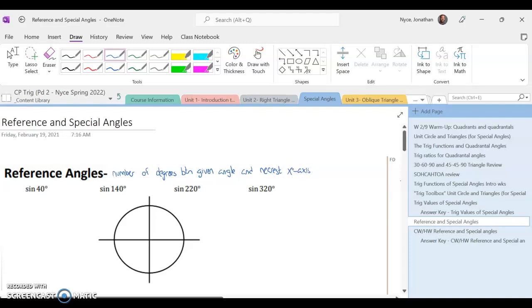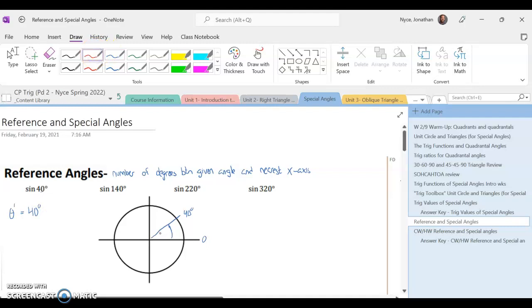So for 40 degrees, if we want to find the reference angle, 40 degrees is about here. Our nearest x-axis is 0. So the reference angle for 40 degrees is just 40 degrees. We'll use the theta prime to represent 40 degrees as a reference angle.